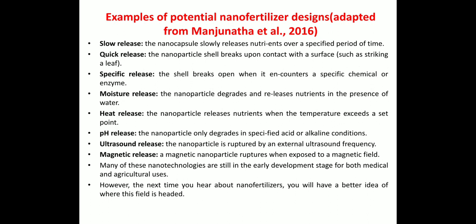Heat release, when the nanoparticle releases nutrient when the temperature exceeds the set point. pH release, when the nanoparticles only degrade or release in the specified acid or alkaline conditions. Ultrasound release, the nanoparticle is ruptured by the external ultrasound frequency. And finally, magnetic release, that is nanoparticles rupture when they are exposed to the magnetic field. These are the examples of potential nanofertilizer design, especially these are obtained from Manjunatha's work 2016.